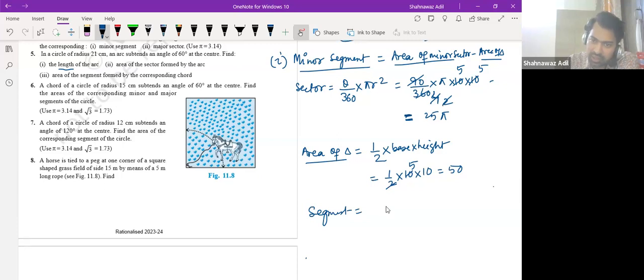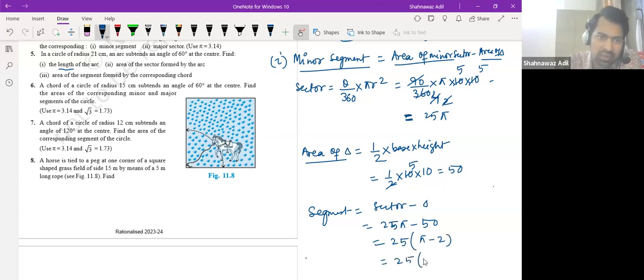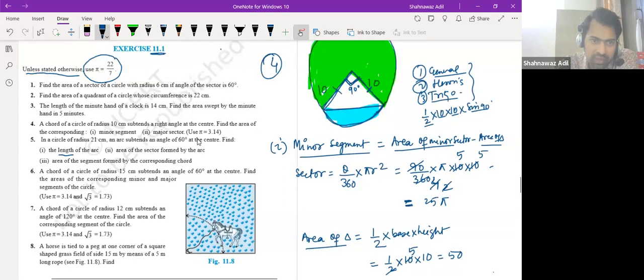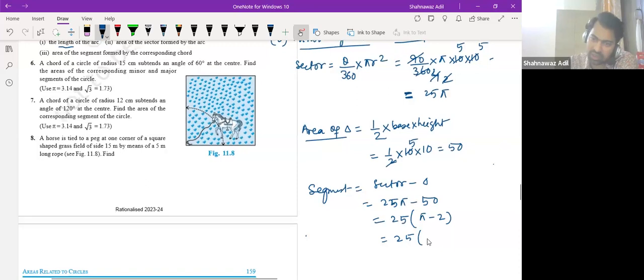Then the segment area is sector minus triangle, which is 25 pi minus 50. We can take 25 common, so this is 25 into pi minus 2. Have they told us to use the value of pi? Yes, so we take 3.14, minus 2, so this is 25 into 1.14.